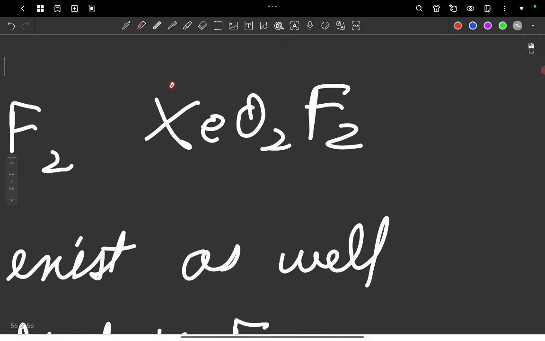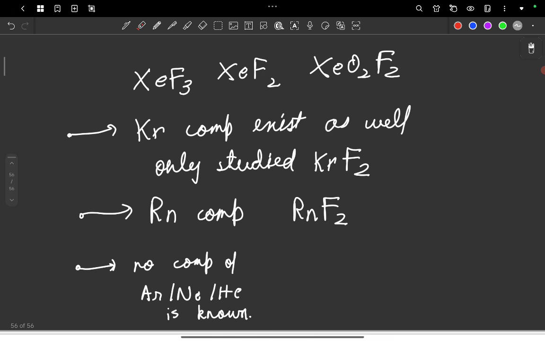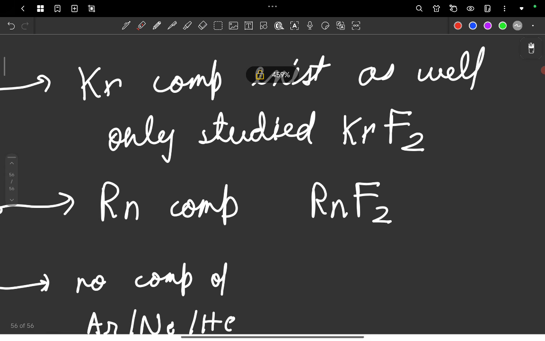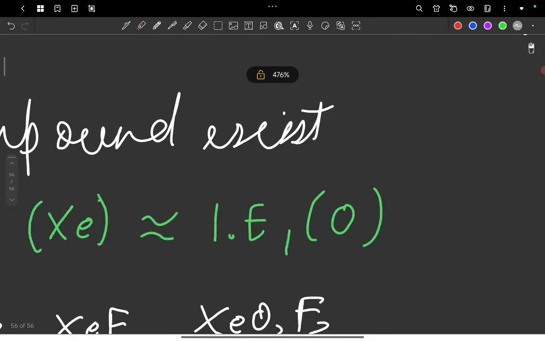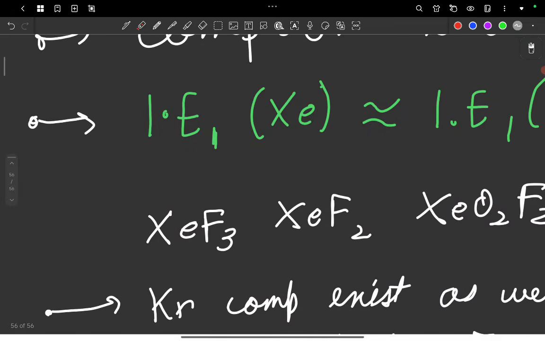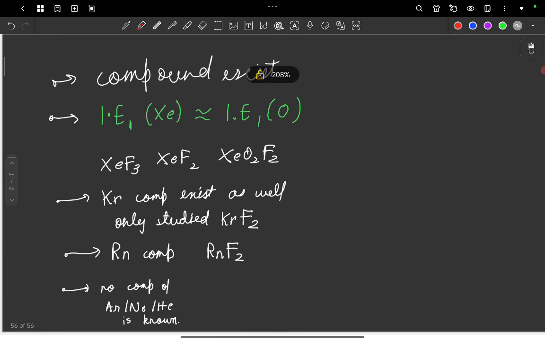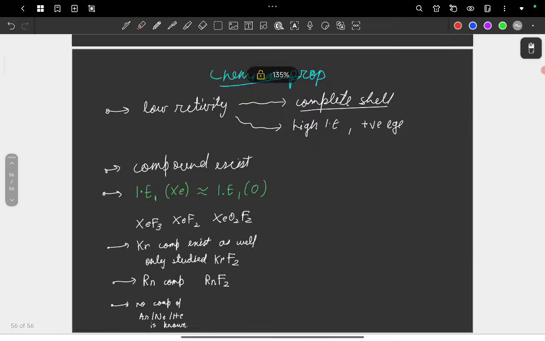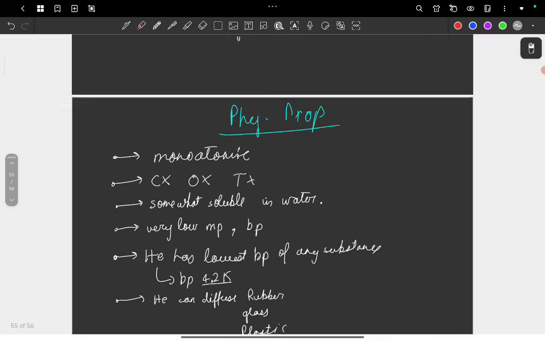So what happens is that they see this guy has a lot of electrons, so they make attempts to pull these electrons towards themselves, and sometimes the energy they are putting in to remove those electrons from the shell of the group 18 elements exceeds their ionization enthalpy, and sometimes that bond is just formed. So this is why the compounds of xenon, krypton, and radon may exist.